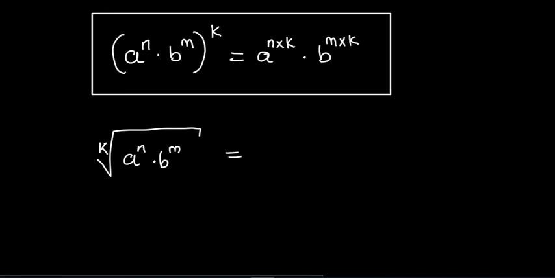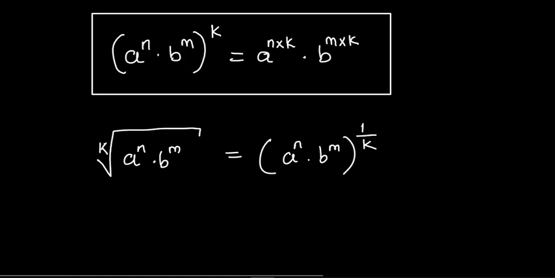This means those numbers can be written like this, a to the n, b to the m. So a root means an inverse exponent outside the bracket. So that's what it means.